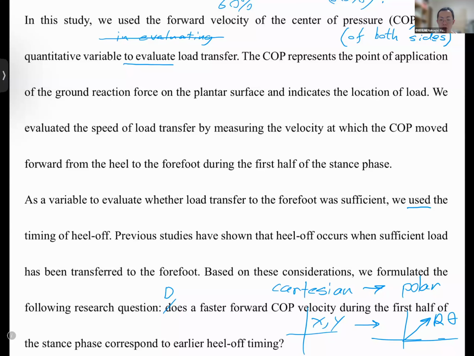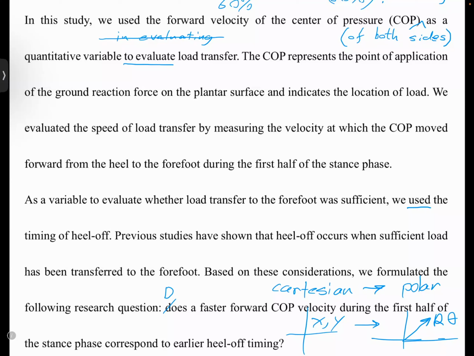Based on these considerations, we formulated the following research question. Does a faster forward COP velocity during the first half of the stance phase correspond to earlier heel off timing?